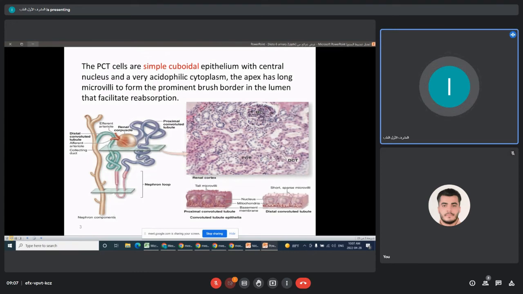The lumen here also appears less empty, while here there are more secretions or more content in the lumen. The whole function here of the reabsorption of sodium in the distal convoluted tubule is controlled by aldosterone, which is secreted from the adrenal gland.